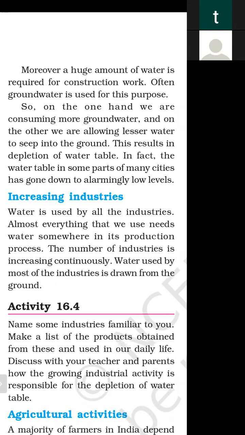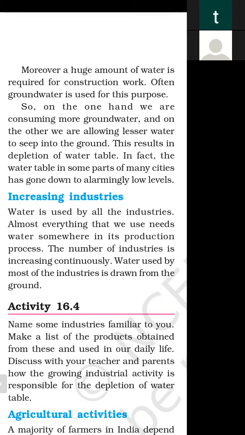Means there is no proper recharge of the water table. So if this activity increases, the level of the water table goes on decreasing. This results in depletion of the water table. In fact, the water table in some parts of many cities has gone down to alarmingly low levels.